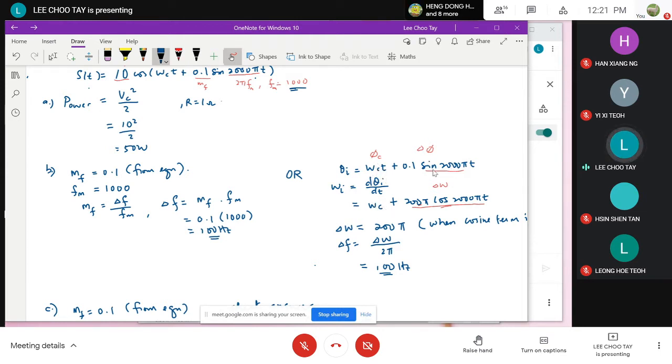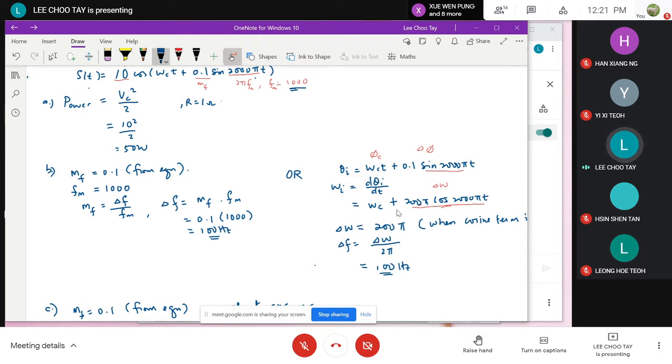Differentiate a sine, I get a cos. And because there is a constant inside, I have to bring this up so that we multiply. 2000 pi multiplied with 0.1 gives me 200 pi. This course basically requires you to make use of some of the calculus that you have learned before. Nothing new here.